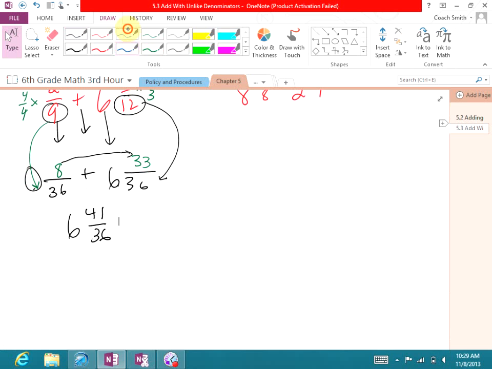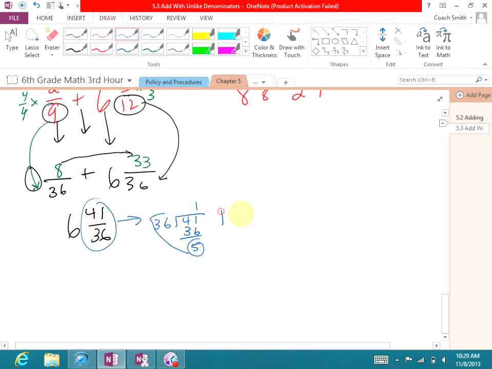I am not done because I have to take this and convert it to an improper fraction. 36 goes into 41 one time, remainder 5. Take that 5, put it over 36. So this is 1 and 5/36. So I have 6 plus 1 and 5/36, and that's equal to 7 and 5/36.